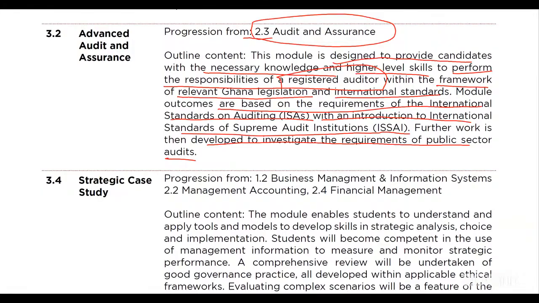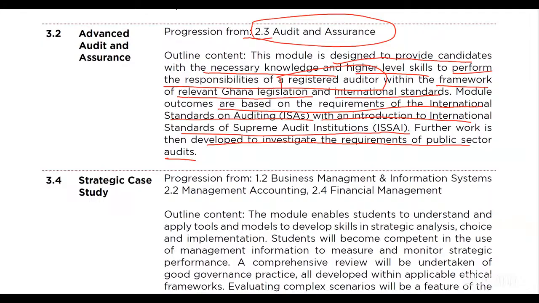Please show by hand, how many of you are writing advanced audit and assurance?